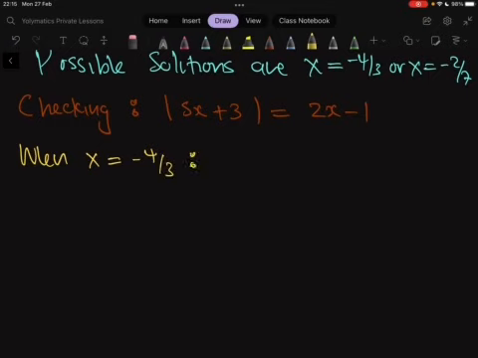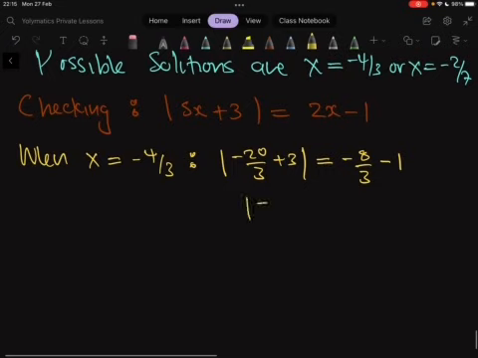On the left hand side, when you put that, you will have negative 20 over 3 plus 3, and on the right hand side you will have negative 8 over 3 minus 1. So simplifying here, we'll have negative 11 over 3 is equal to negative 11 over 3.